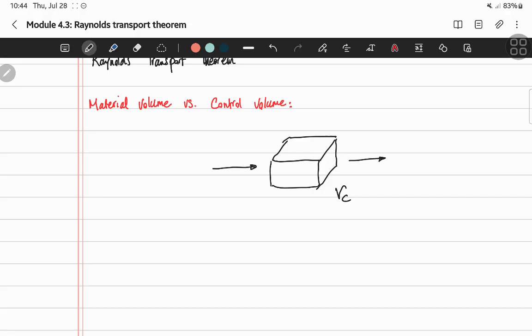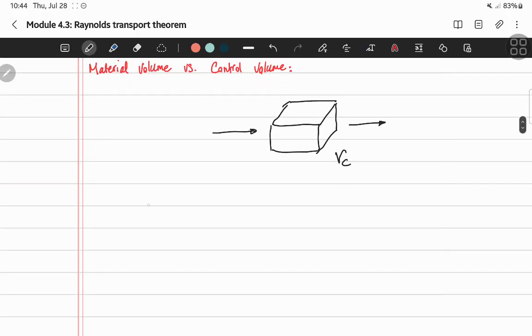However, the material volume is basically something that we select initially and we move with that. So basically it is like selecting five molecules, like gas molecules.